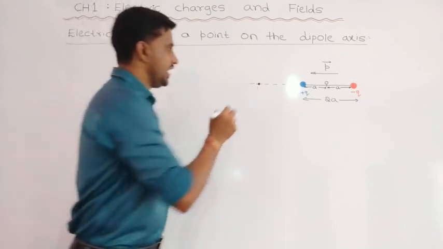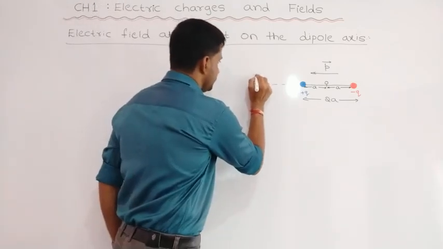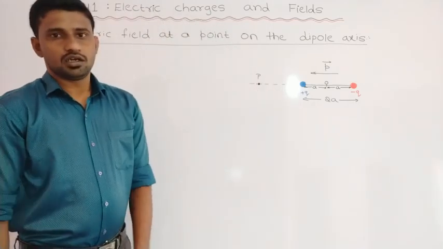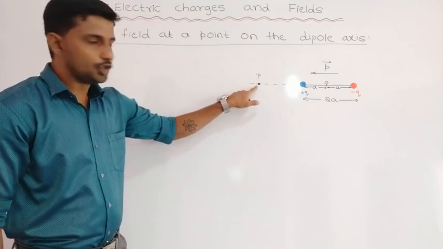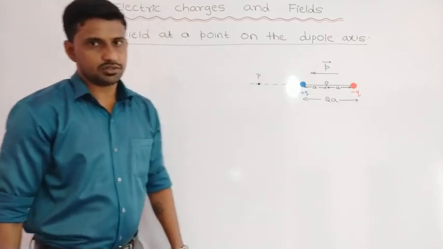That point I am taking as point P. Now I want to find the electric field at point P due to both the charges.